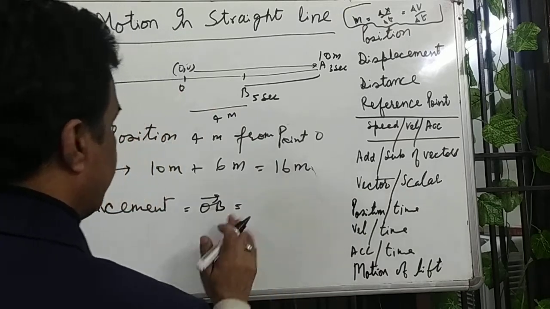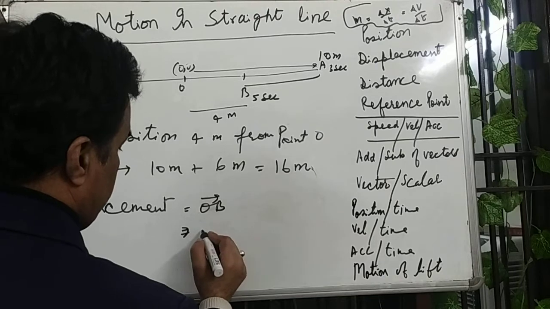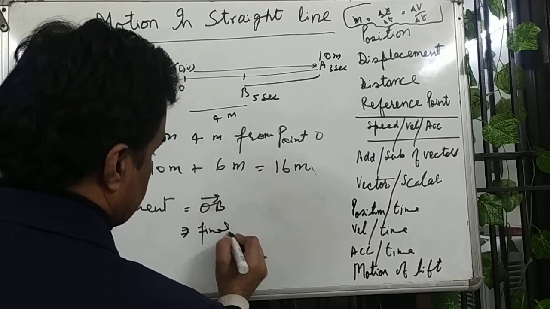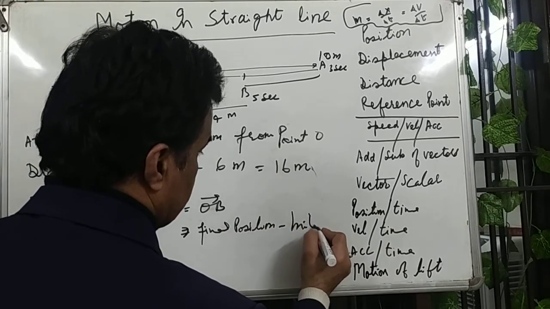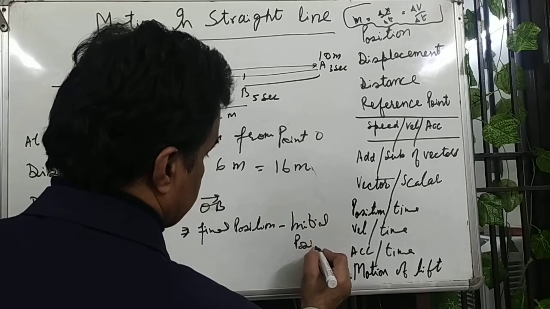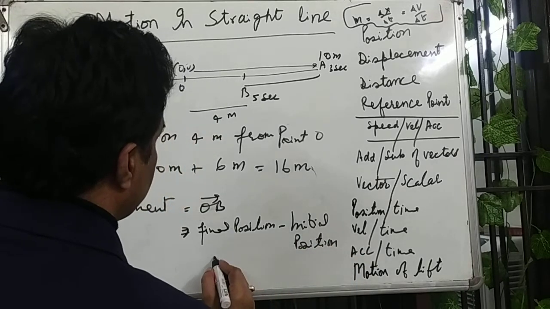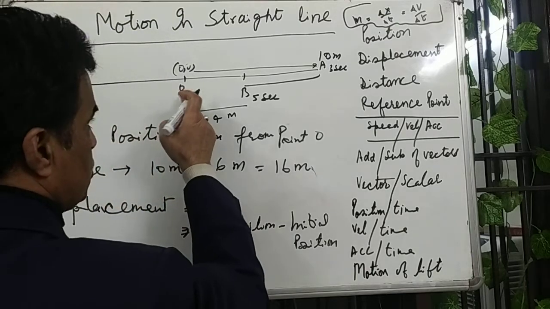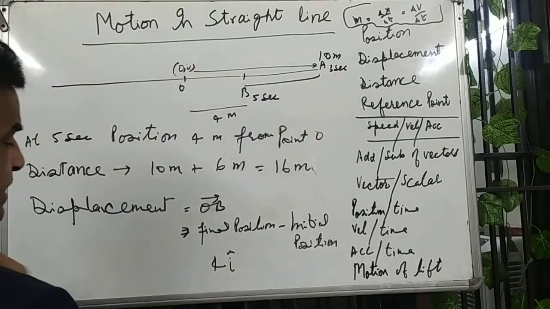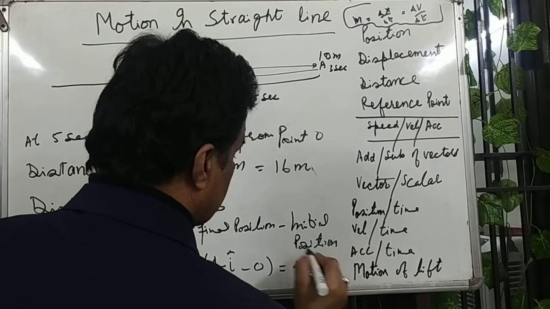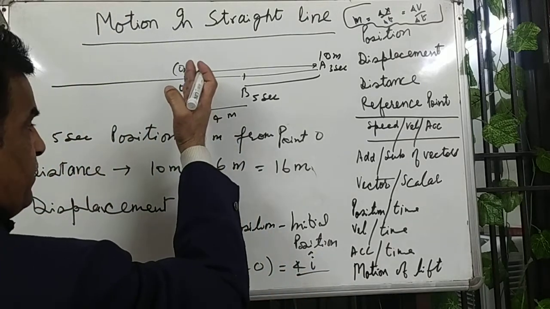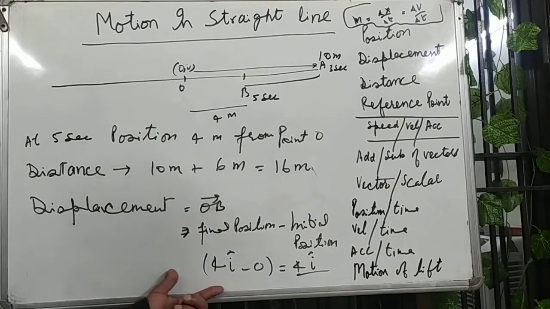The final position you may write as 4 i cap, minus 0, so this is 4 i cap. So you can say it is 4 meter from the reference point to the right side. This is the displacement. This is the difference, and this is very important.